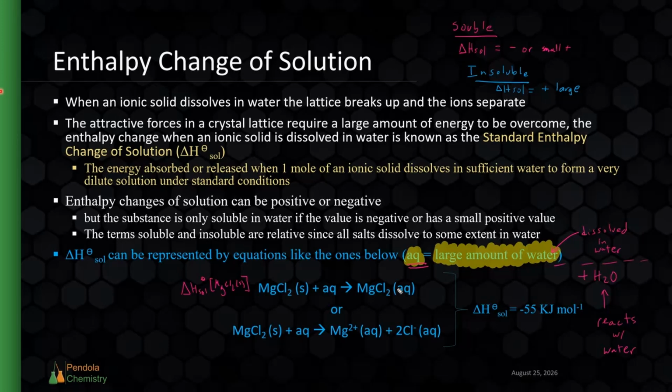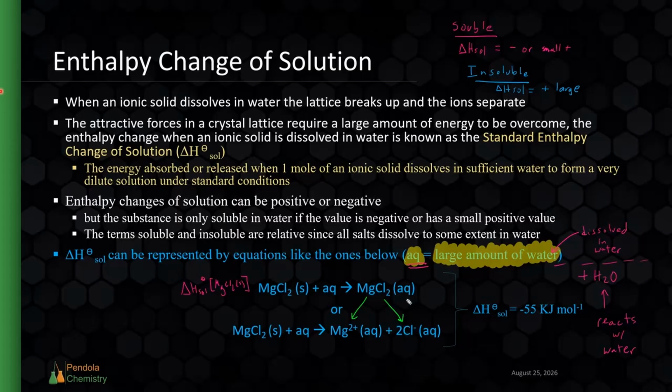Now, thinking back to what we learned in honors chemistry, remember that when we say something's aqueous, and specifically an ionic compound, we are saying it is dividing up into its ions. So another way of saying this, with the same beginning, MgCl2 solid plus AQ, yields not MgCl2 aqueous, but the separated ions because of the dissolution process.